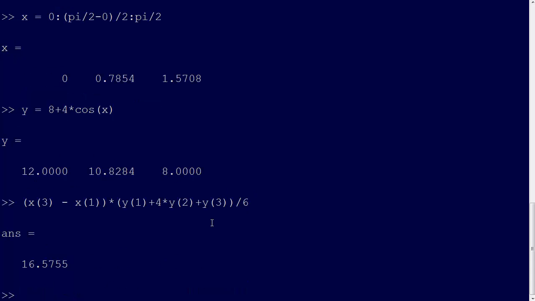We say b minus a, that's going to be x3 minus x1, and we'll put in parentheses, times f of x0, which is y1, plus 4 times y2 plus y3, and that's all divided by 6. And we get 16.5755.